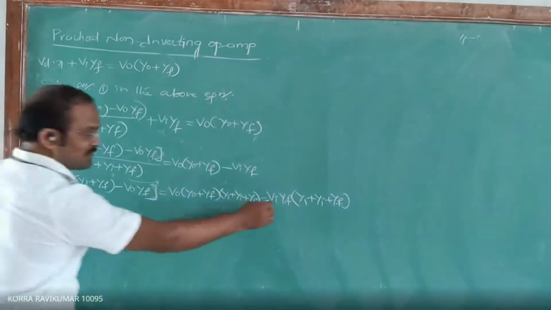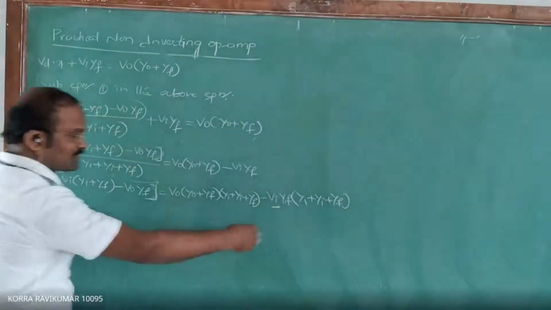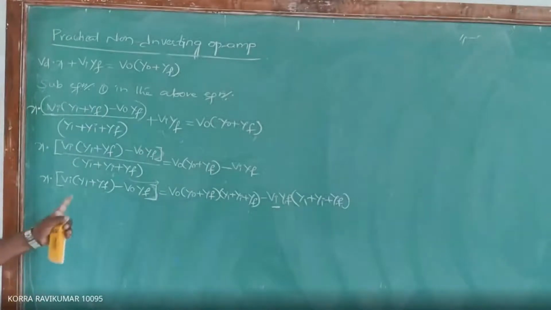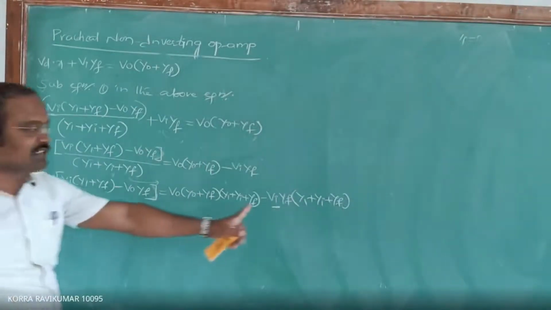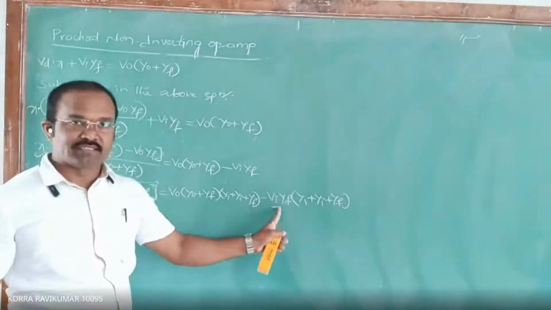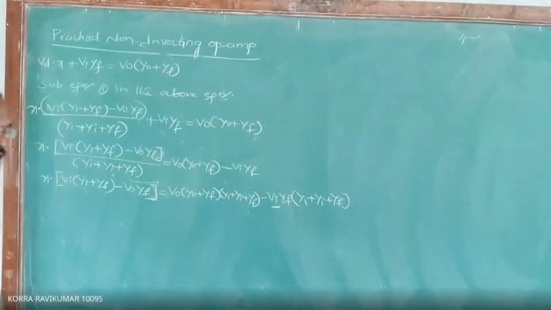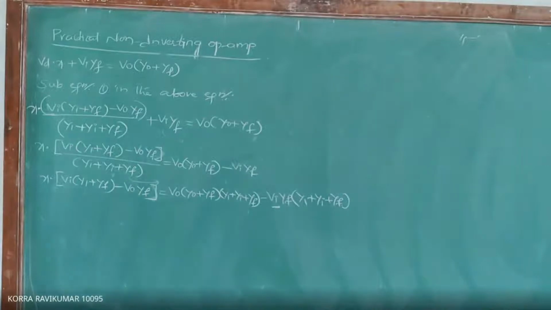Now bring the term Vi to the LHS side, because on the left hand side there is a multiple of Vi and on the right hand side also there is a multiple of Vi. So bring the common variables to the left hand side.